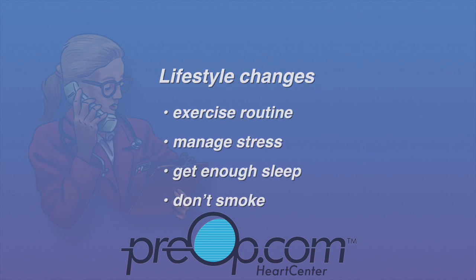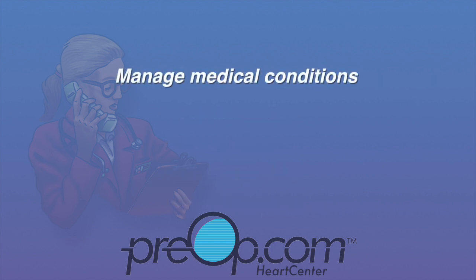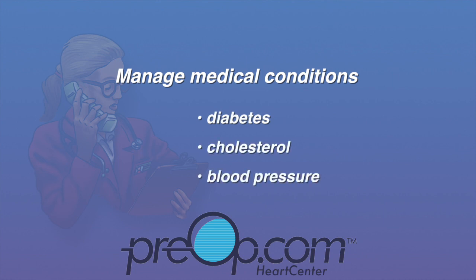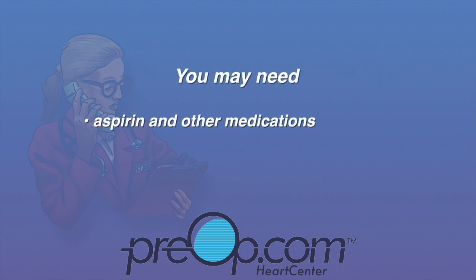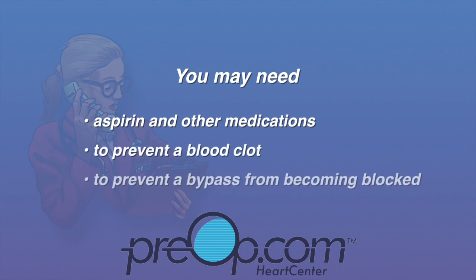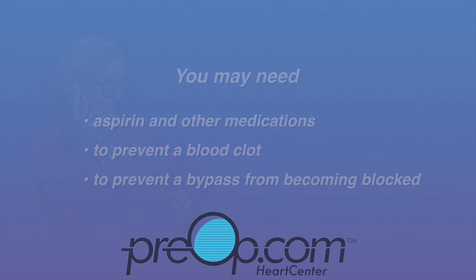Do not smoke. Follow treatment recommendations to manage your medical conditions, especially diabetes, high cholesterol, high blood pressure, and sleep apnea. You may need to take aspirin and other medications for months or years to prevent a blood clot, depending on your situation. This can be critical to prevent a bypass from becoming blocked.